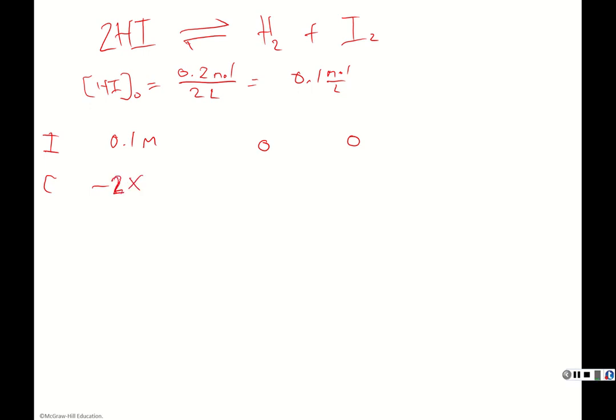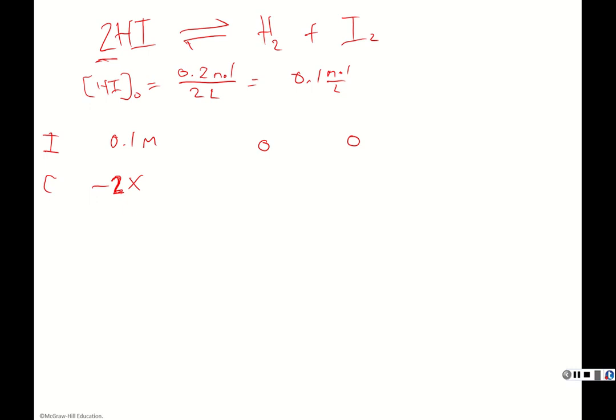Sorry, that 2 looks like a 3. That's because of the coefficient of 2 out in front of it. You could just call that x, but then on the other side, for the products, you'd have to call those 1/2 x because of the stoichiometry in the balanced chemical reaction.